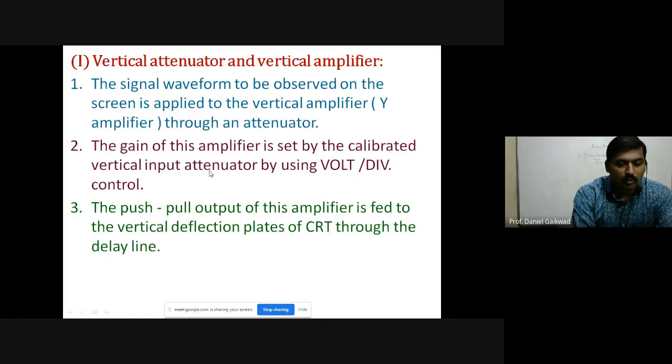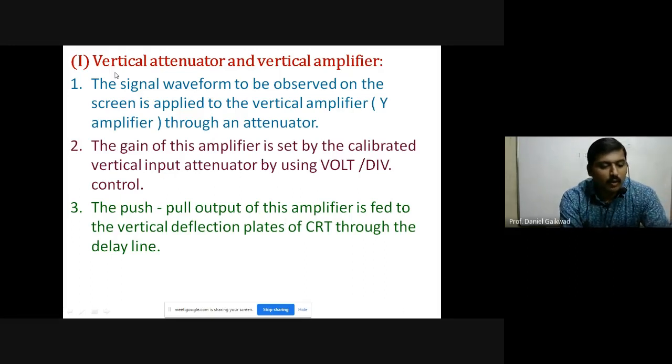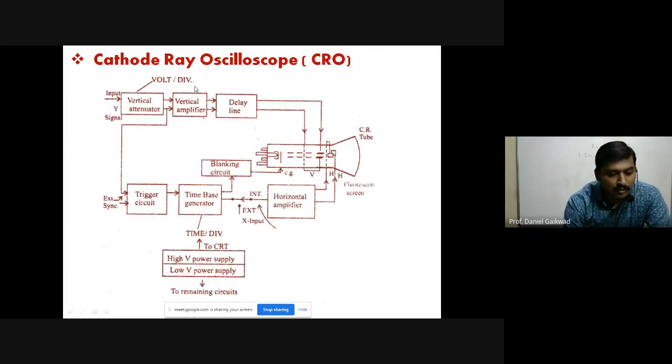We will understand the concepts one by one. Let us begin with the first part, the vertical attenuator and vertical amplifier. Let us go through in detail what is in these two blocks.